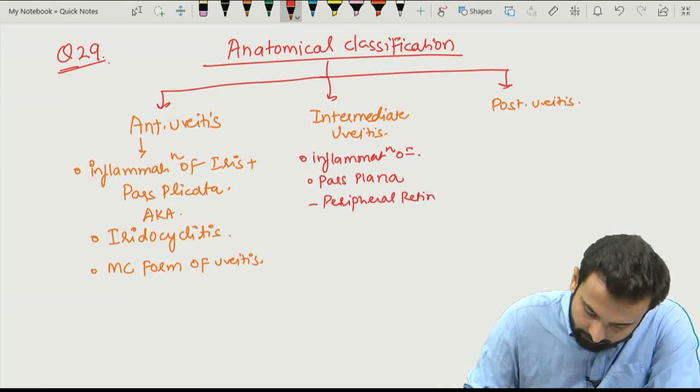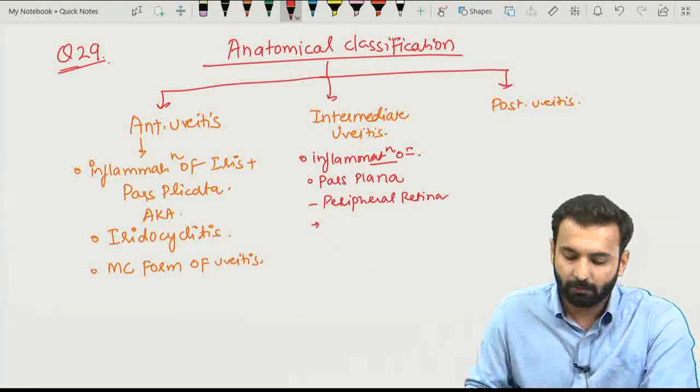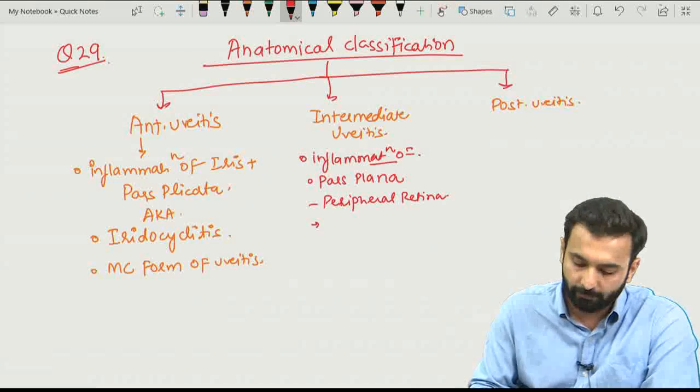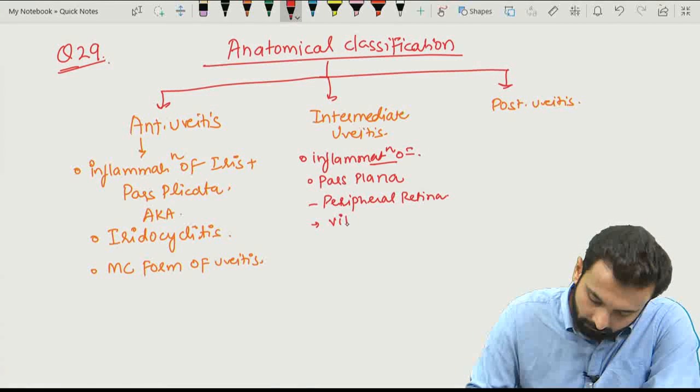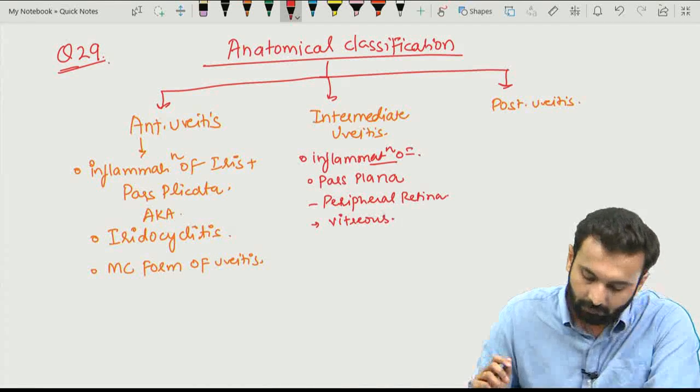So in intermediate uveitis there is inflammation of pars plana, peripheral retina and vitreous, right?